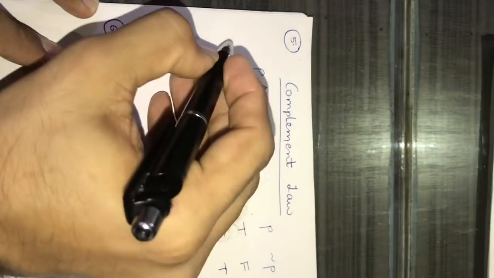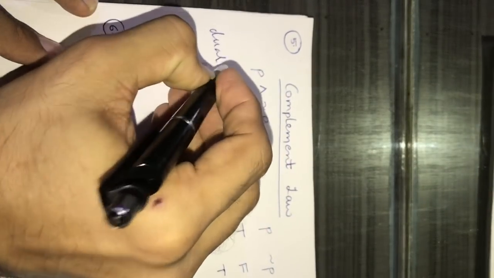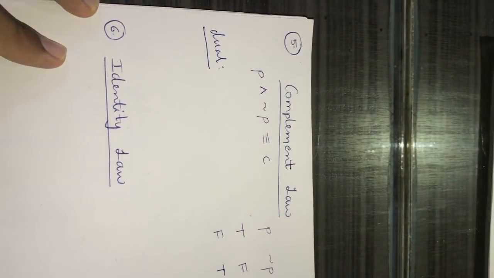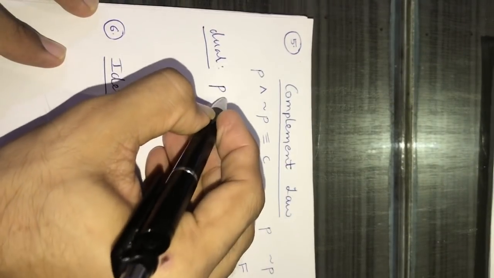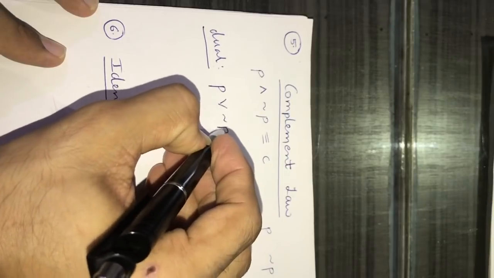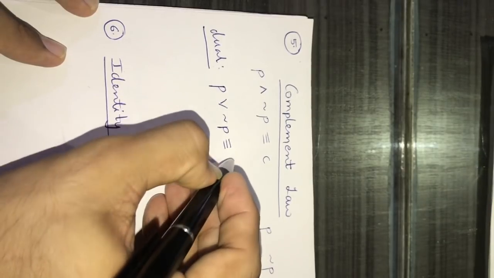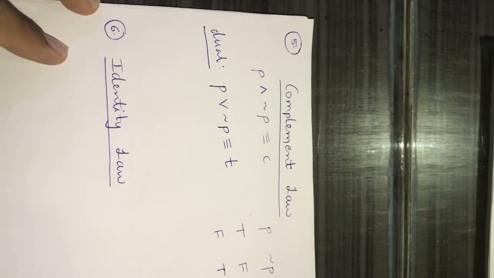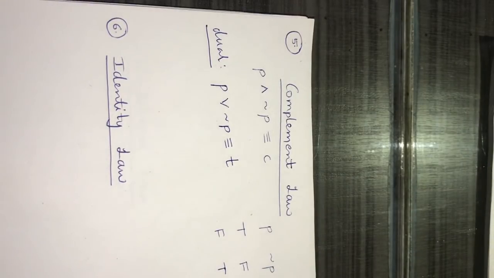Okay. So if you want to write the dual of this statement, the dual will be P or negation P is tautology. P and negation P is contradiction. P or negation P is tautology.